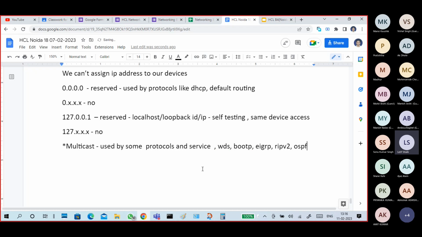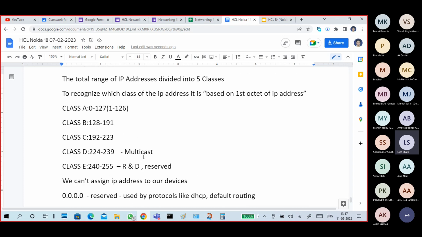These are all different services. These protocols use multicast. Okay, we cannot assign them to any individual devices.